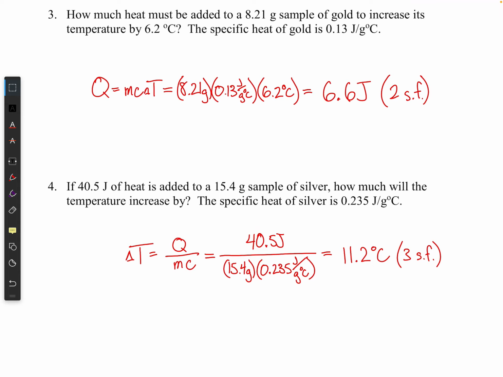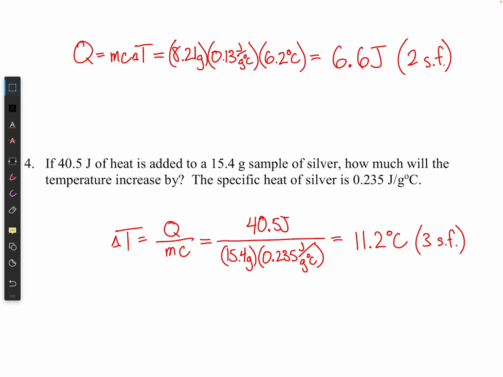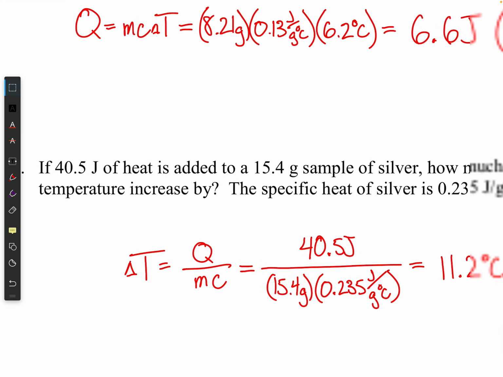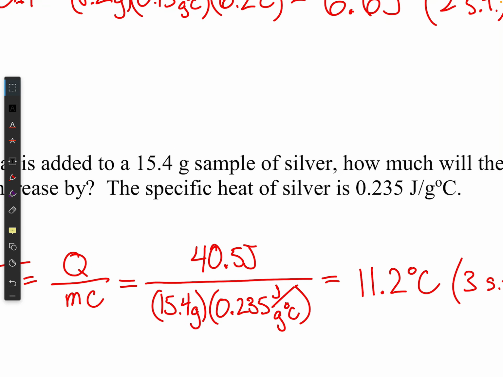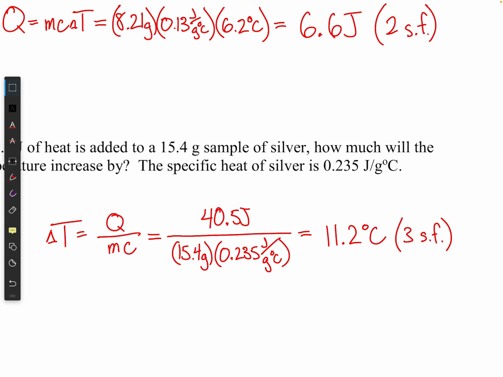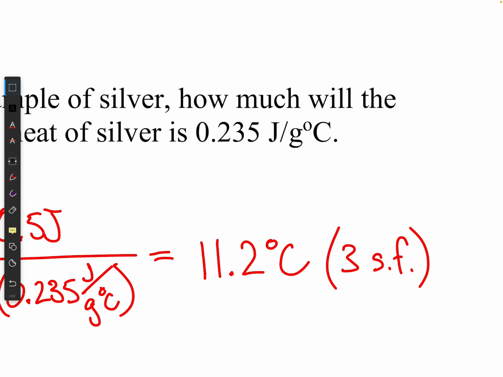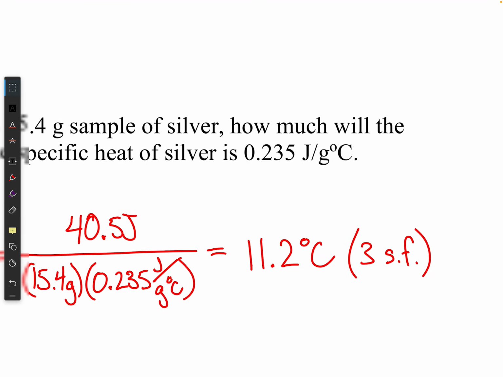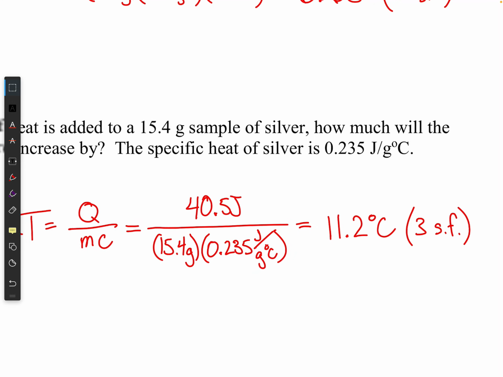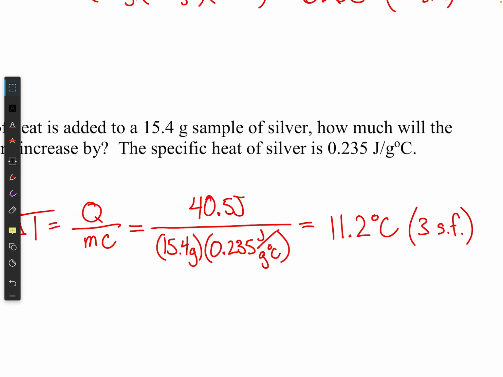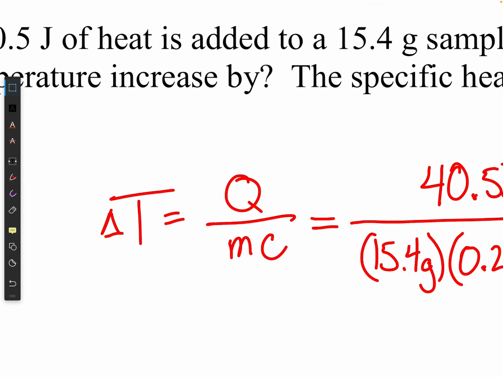Right, number 4. Here we're asked to find the temperature increase if we add 40.5 joules of heat to a 15.4 gram sample of silver. And we're given the specific heat capacity of silver as 0.235 joules per gram per degree Celsius. Okay, so here we need to solve for our change in temperature.